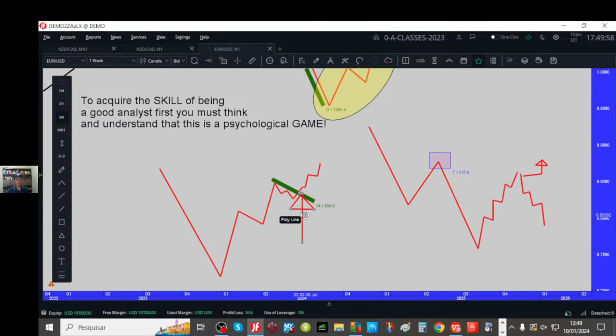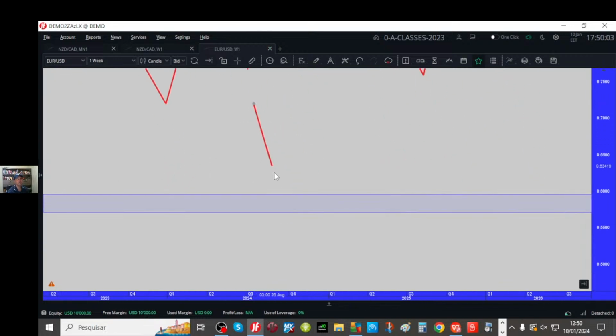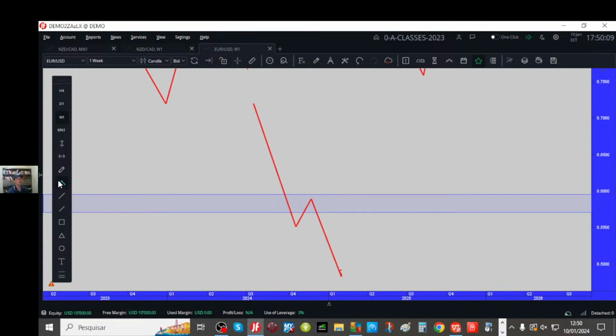Why do you call it a deeper retracement? Well, you have different retracements, right? You have shallow retracement and you have deeper retracement. Relevant high, relevant low, relevant high, relevant low.